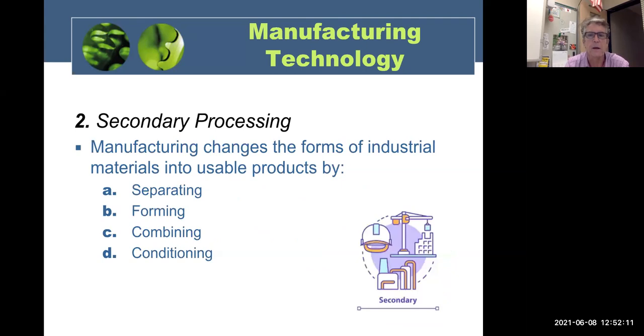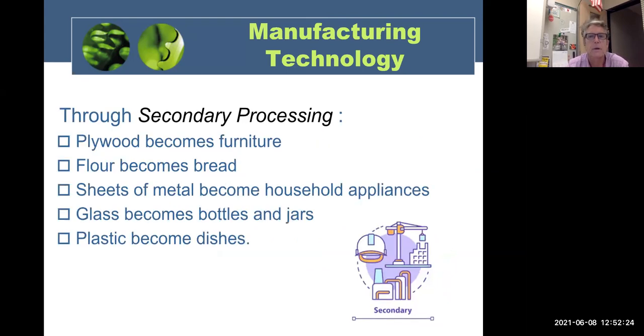Secondary processing. Manufacturing changes the forms of industry materials into usable products by separating, forming, combining, and conditioning. Through secondary processing, plywood becomes furniture, flour becomes bread, sheets of metal become trays or silverware, glass becomes bottles and jars, plastic becomes dishes.